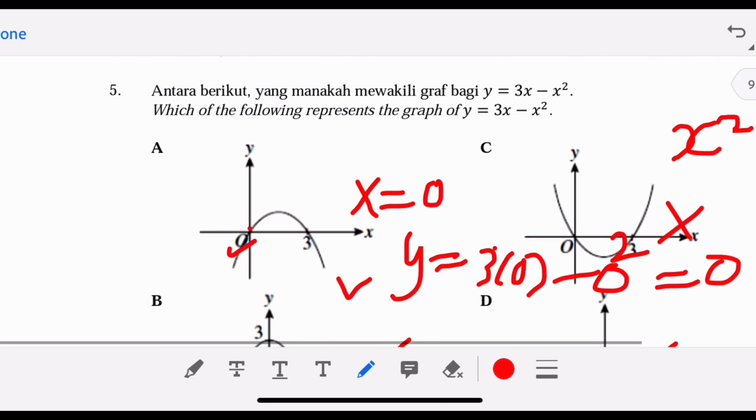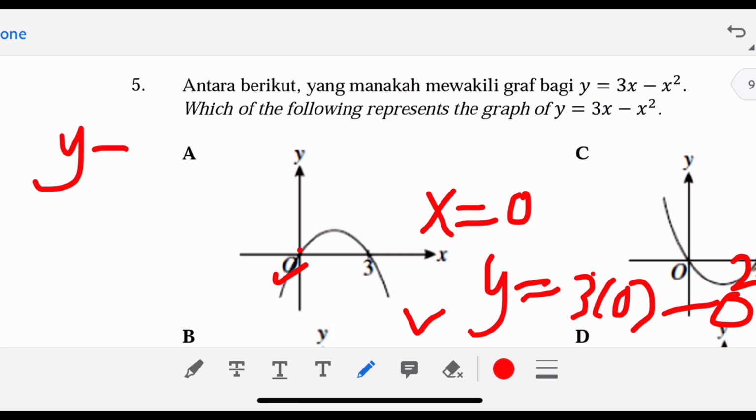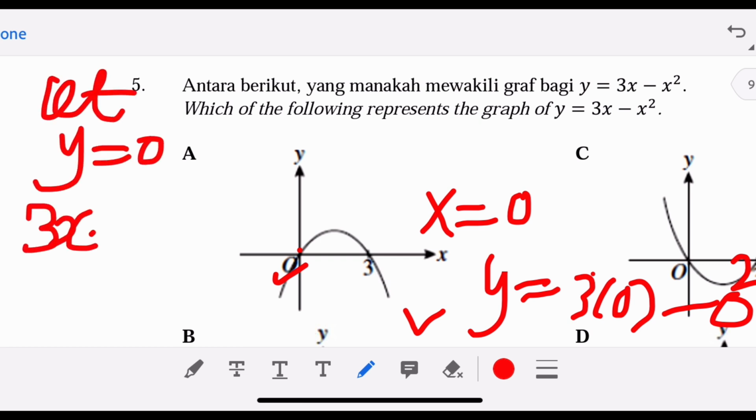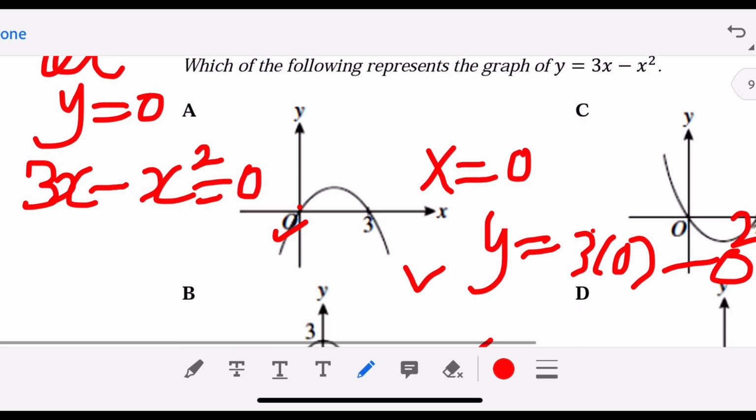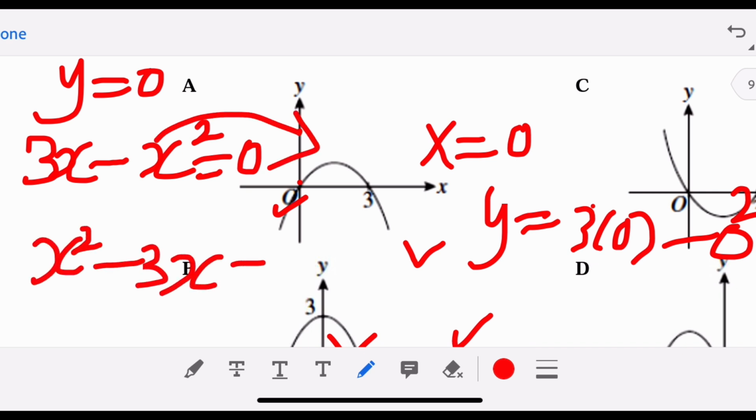So now we need to find the x-intercept. We have no choice. Let y be 0 for the x-intercept. If you let x be 0, you find the y-intercept. Let y be 0, you find the x-intercept. You can shift everything so the x squared is better, right, for you to factorize.